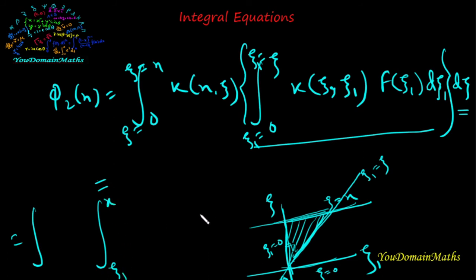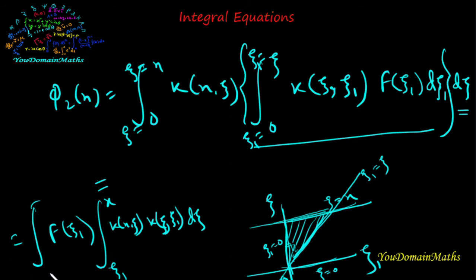The integrand is the kernel K(x, ξ) and kernel K(ξ, ξ1) and f(ξ1), because f(ξ1) is constant when we integrate with ξ, so it is written outside of this integral.